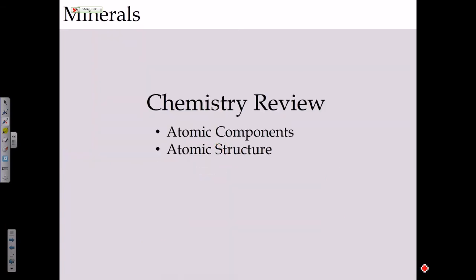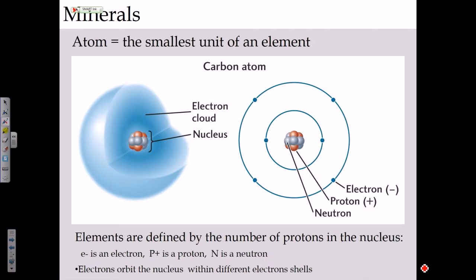To kind of understand that, we want to review a little bit about the atomic components and atomic structure. Right? This is going to help us understand a little bit more about how minerals are put together. Right? So here are two models for the atom. The one on the left shows the nucleus, and then it shows a cloud around the nucleus, which contains the electrons.